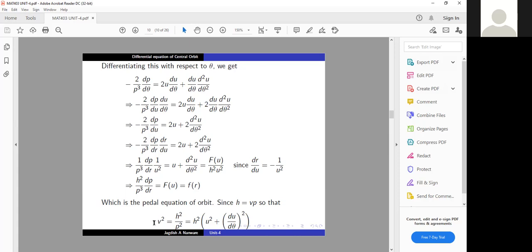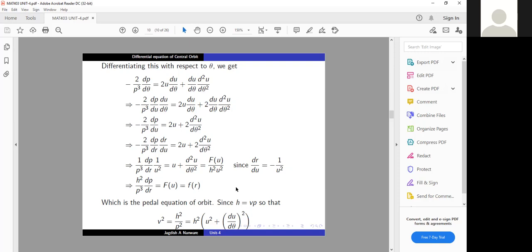If you take the square, what remains is only v square in the numerator. So v square is equal to h square upon p square, and that gives h square into this. So this is nothing but f of r. This gives the differential equation of the central orbit whenever h is equal to vp in the pedal form.